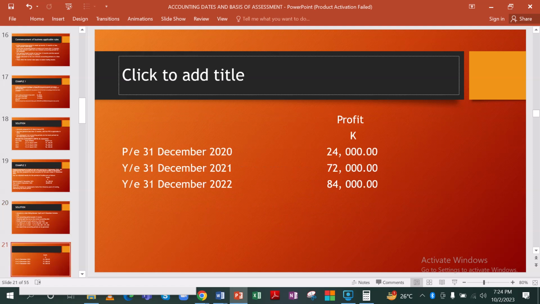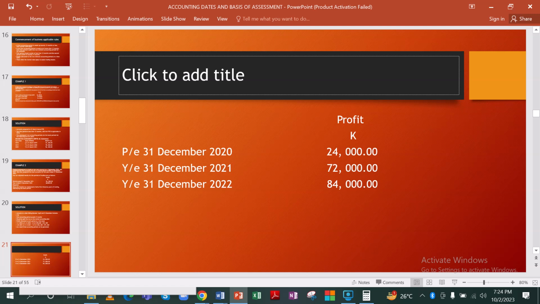So of course, there is a period which is 4 months to 31st December 2020. We have 24,000. Then the last notional period, which is 12 months to 31st December 2021, we have 72,000. Then the other one, which normally flows, year end 31st December 2022, we have 84,000.